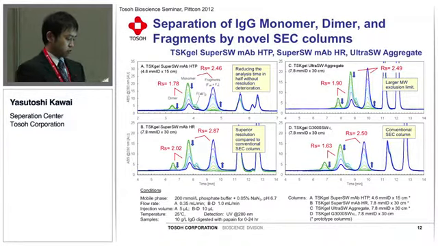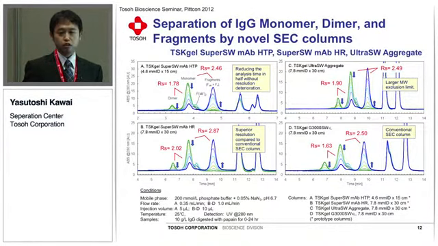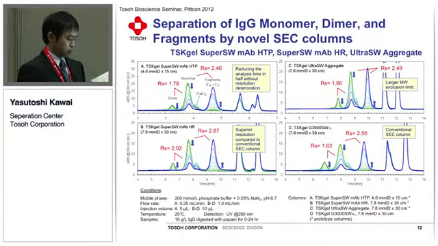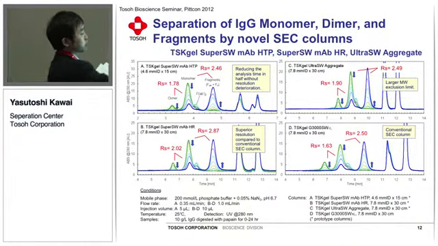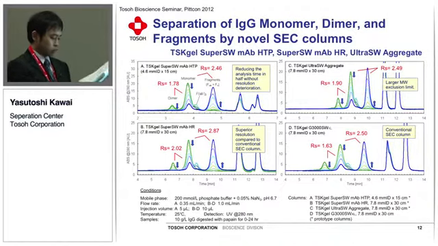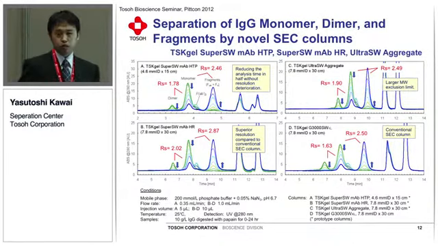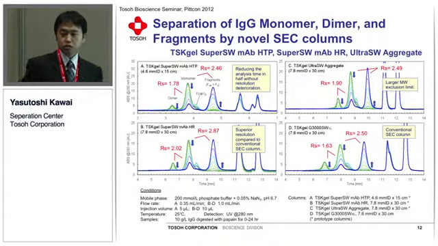This column has a larger molecular weight exclusion limit compared to the other columns, A, B, and D. Concerning this point, I'd like to describe more in the next slide.